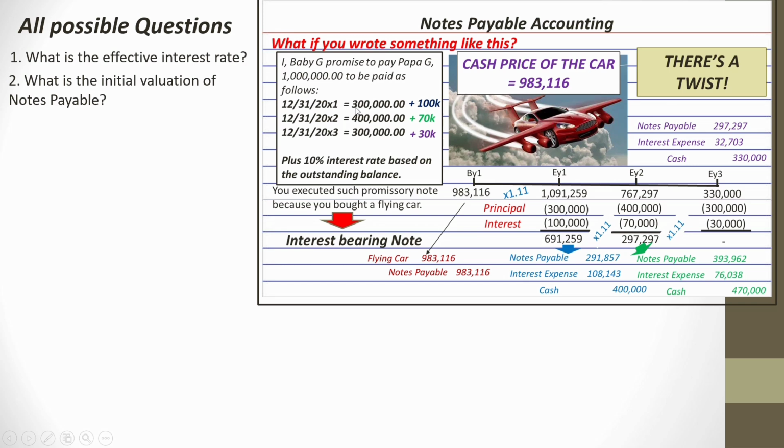you just have to multiply this 400,000 in the first year with 1.11 raised to the power of negative 1. And the second payment will be multiplied with 1.11 raised to the power of negative 2. And this 330,000, the last payment, will be multiplied with 1.11 raised to the power of negative 3.